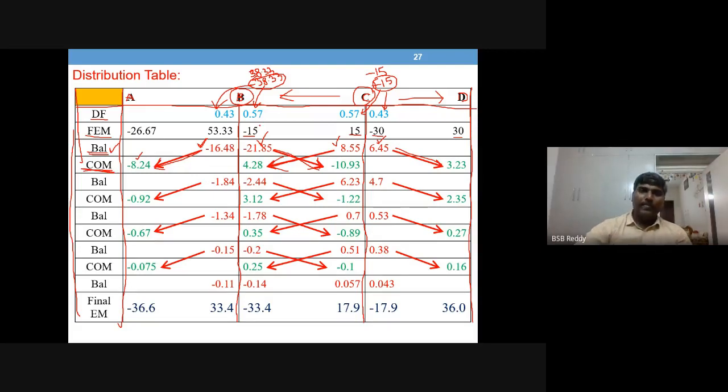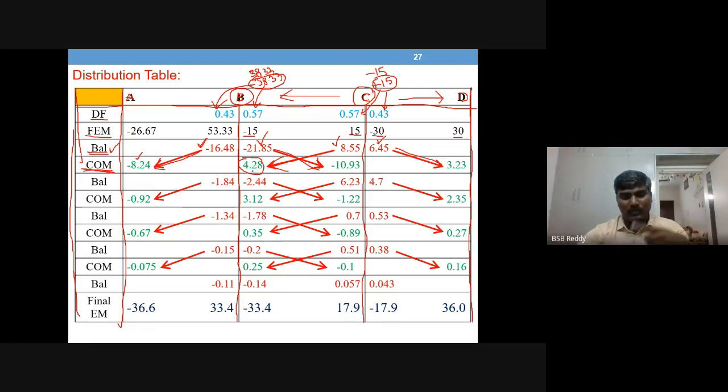Now if you see, joint B is having some moment now. We have made it 0 earlier. But now what happened? Because of balancing of C, some value is developing at B. Okay. So this is not 0 now.